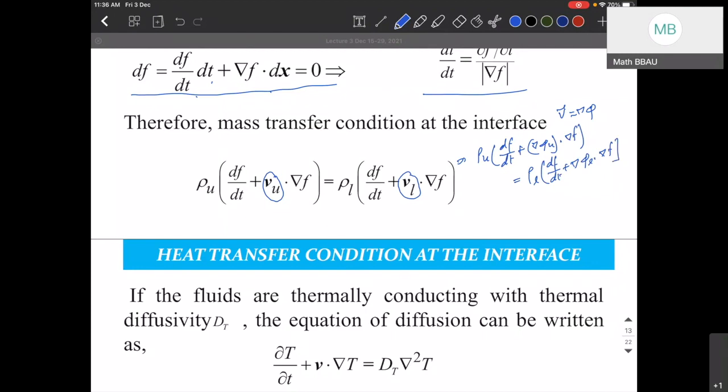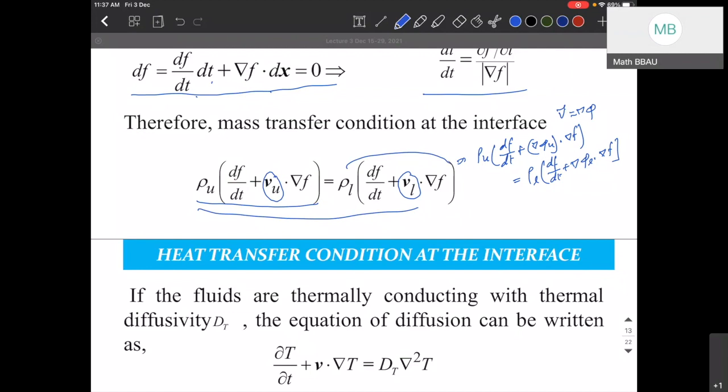Now this is the amount of mass transfers from phase 1 to 2 or phase upper to lower, and this is the rate of mass transfer from the lower phase to the upper phase. Here we are not taking any source or sink at the interface, therefore these two values are the same. If we take some source or sink, definitely the condition will be different.